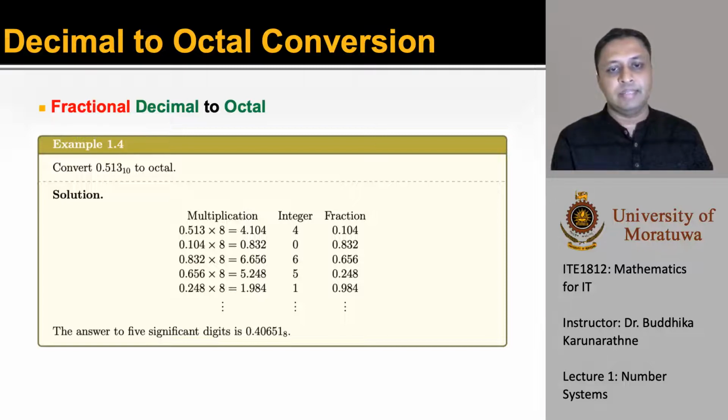In this example, you won't get a fractional part of 0, so we stop at 5 decimal points. The answer to 5 significant digits is 0.40651 in octal. So that's converting from decimal fraction to octal.